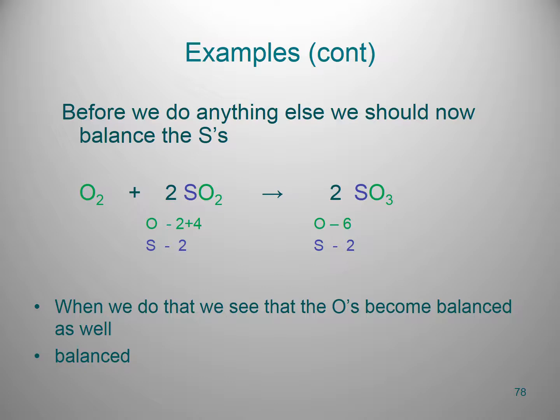So this is balanced. If you had tried going with 12, it might have worked. You could have multiplied the right by 4 to get 12.